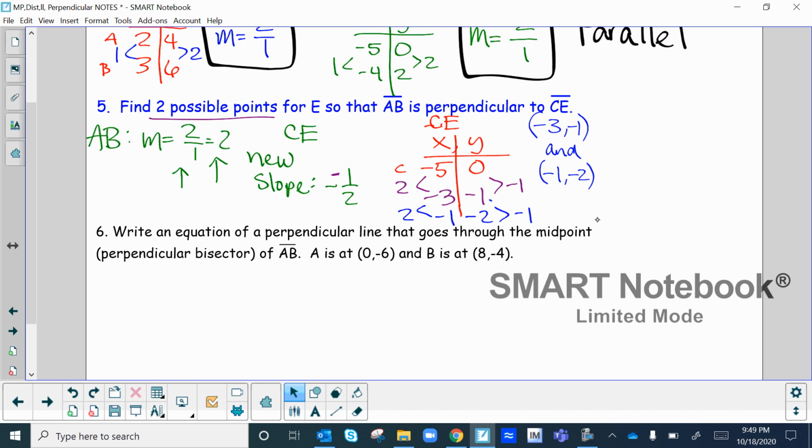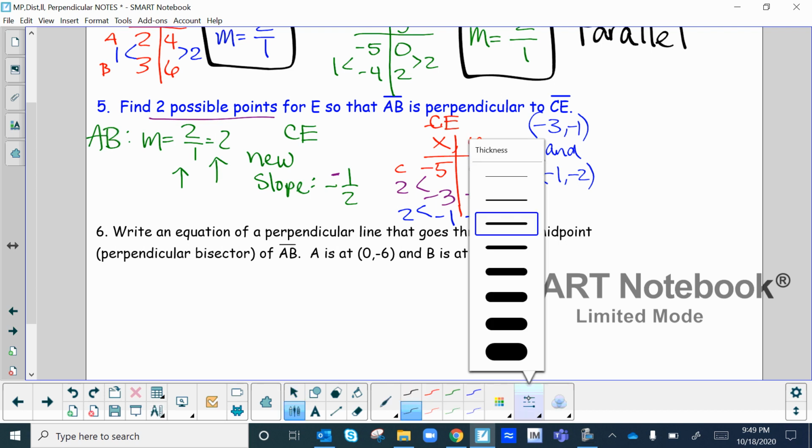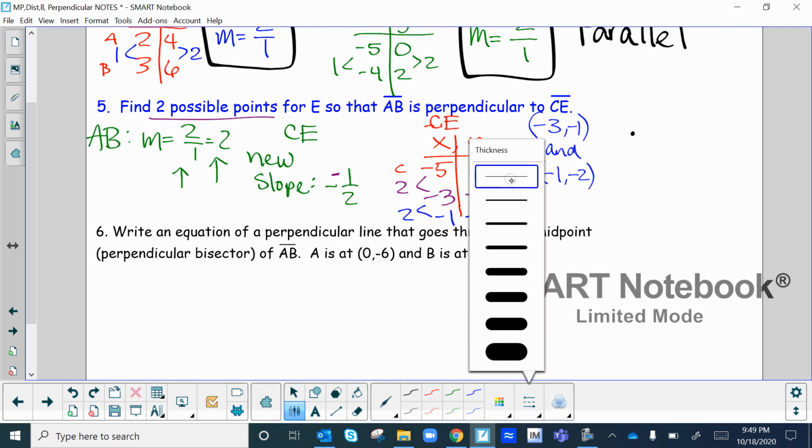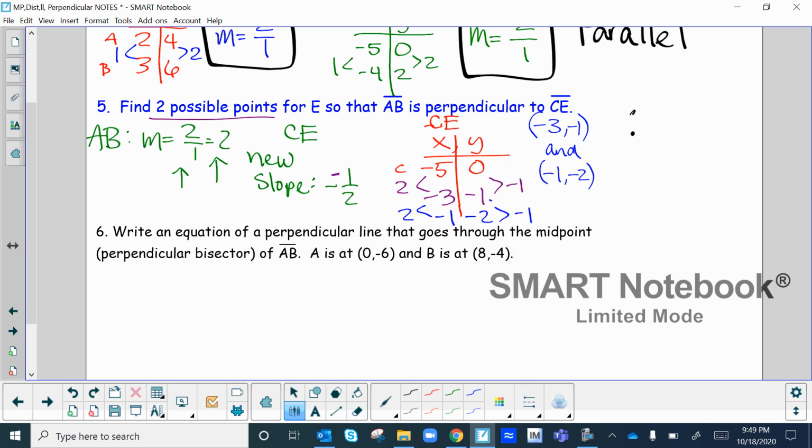Okay, so let's say you're having a hard time understanding this right here. Here's what you can do next. You can make a little point right here, and you can call that point C, which is at -5, 0, right? And if our new slope is -1/2, remember that means it's going to go down 1 and 2 to the right.